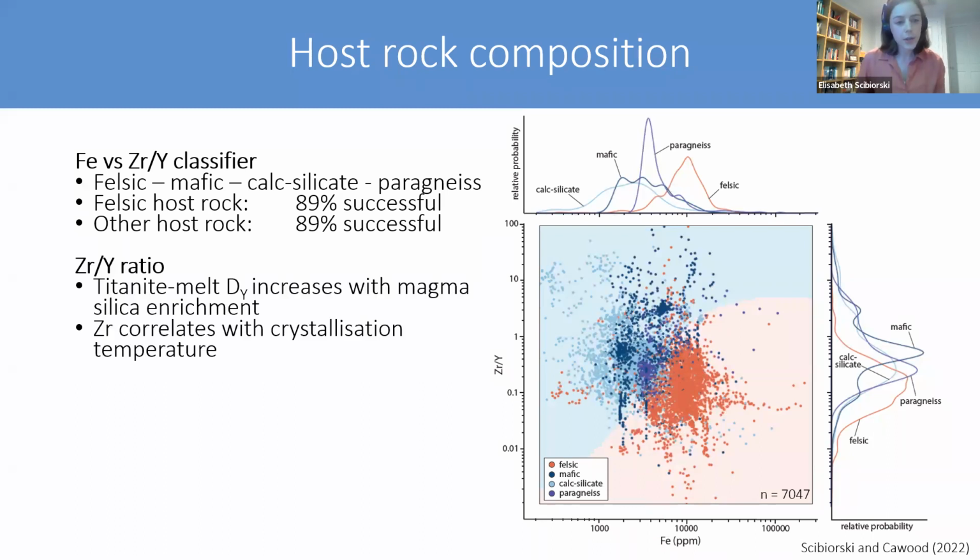So the zirconium-yttrium ratio makes sense with experimental studies of titanite melt partition coefficients. These studies show that yttrium partitioning correlates with the composition of the melt. Temperature also plays a role in the yttrium partitioning.